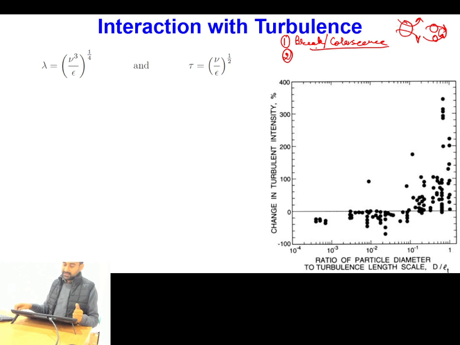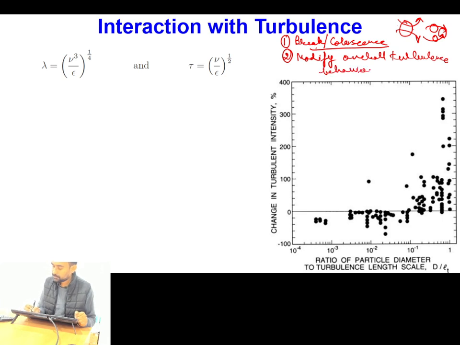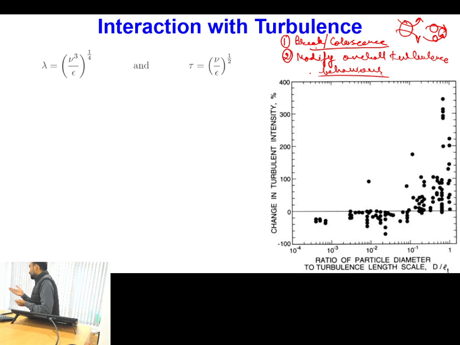Okay. The second important point is that the presence of turbulence and particles can also modify the overall turbulence behavior. What it means is that if particles are present, then particles can either decrease the turbulence or enhance the turbulence.